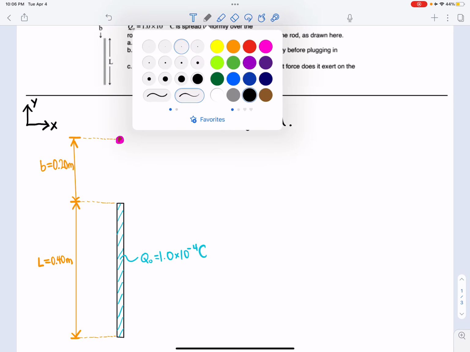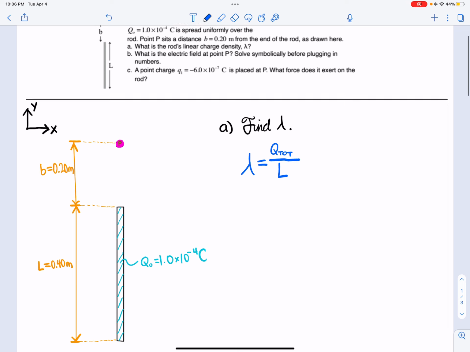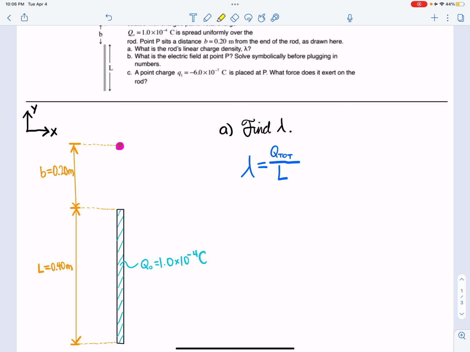All right, well, I'm going to use the formula for linear charge density. Linear charge density is equal to the total charge divided by the total length, right? So it's charge over length that will give you the density. And again, the keyword is that this thin rod is uniformly charged, which is given in the problem.